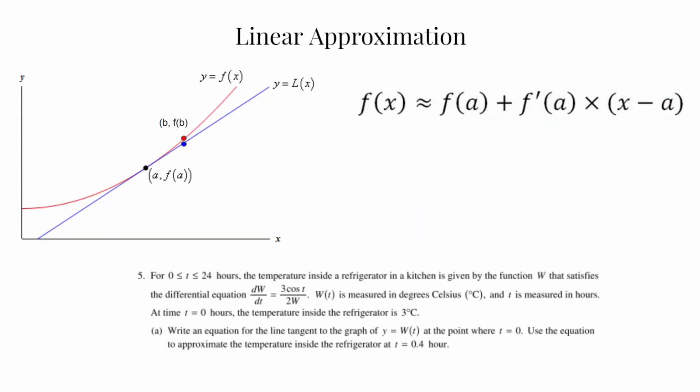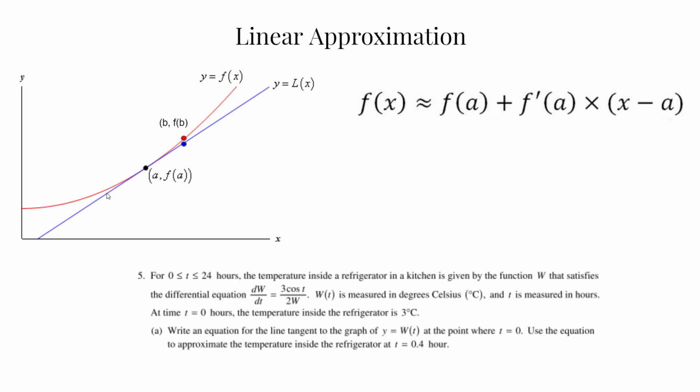Okay, linear approximation. So basically, if you know the tangent line at one point, you can use that tangent line to approximate the value of a point close to it. For example, we know at x equals a, we know the tangent line right here.